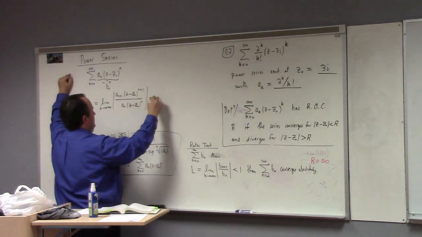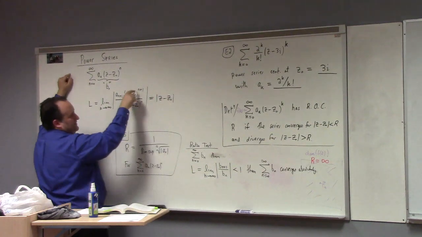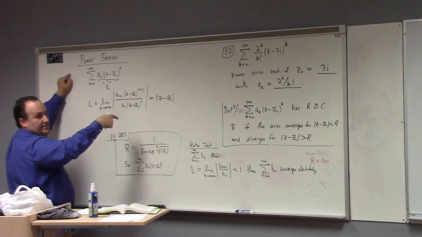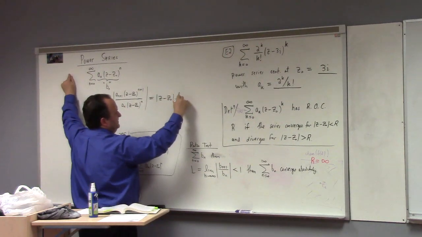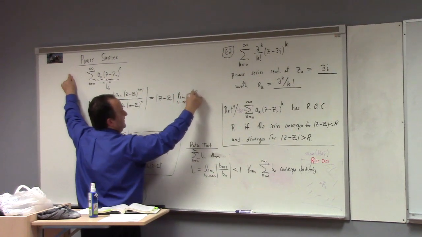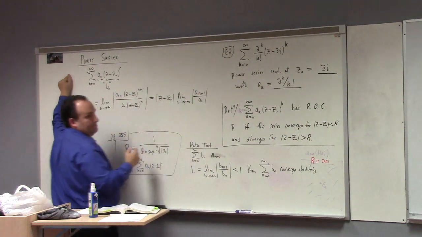What you get is the modulus of z minus z naught, because these cancel and just leave you one power. It's independent of n. You pull it out of the limit, and you've got the limit as n goes to infinity of the modulus of a n plus 1 over a n. All right?